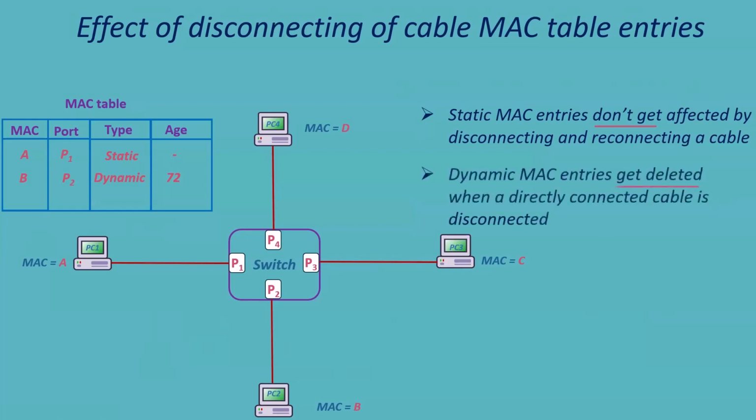Whereas if we disconnect a cable on a particular port, for example, this one is dynamic, D, the MAC address entry would immediately get deleted. And again, if this cable is put back, the MAC entry will not get populated automatically. The switch will have to wait for a frame to come and then relearn the entry.